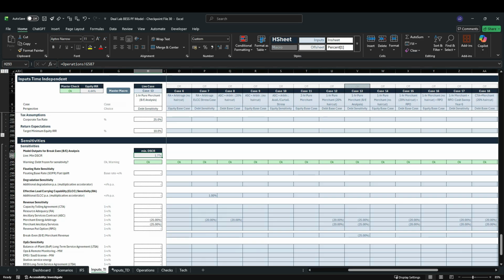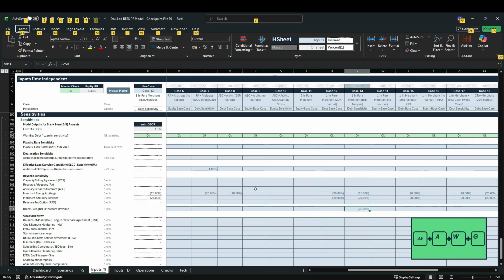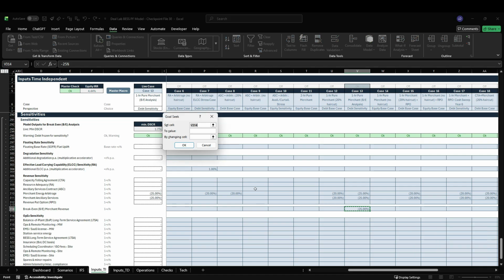So if you move back to the inputs time independent sheet, we can jump into cell V314, hit Alt A W G for our goal seek function, and then we want to set the cell of our minimum DSCR output to 1.